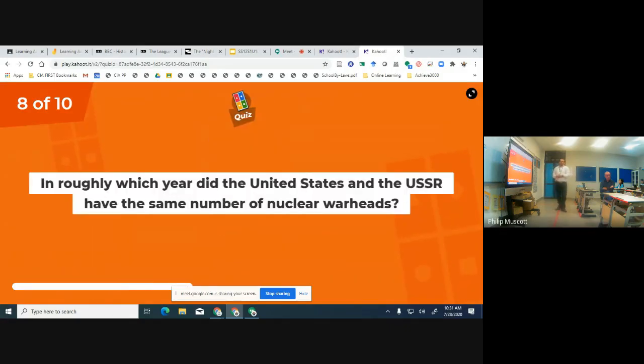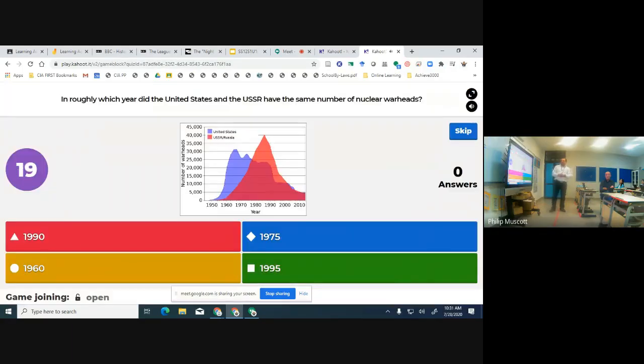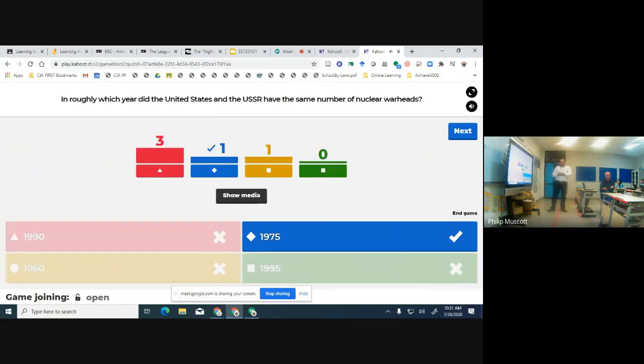In roughly which year did the United States and the USSR have the same number of nuclear warheads? Again, you have to interpret the data on the graph. The correct answer, 1975. The person who got that, well done.